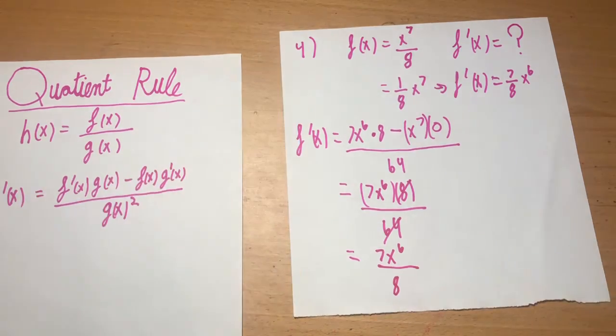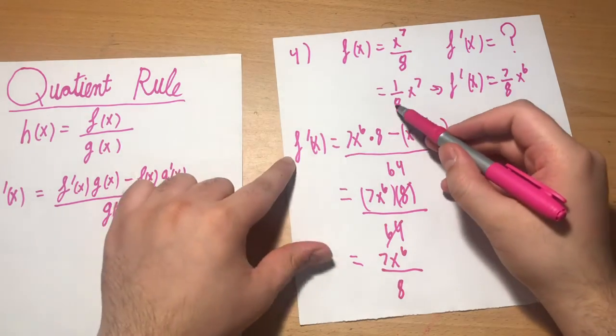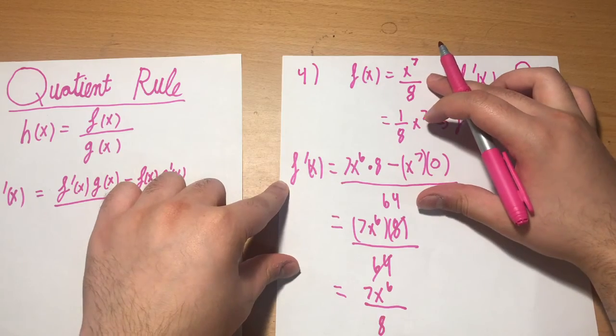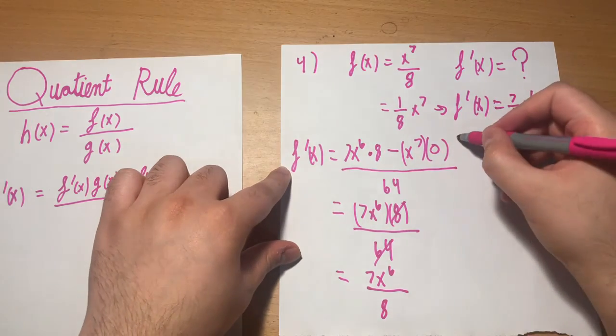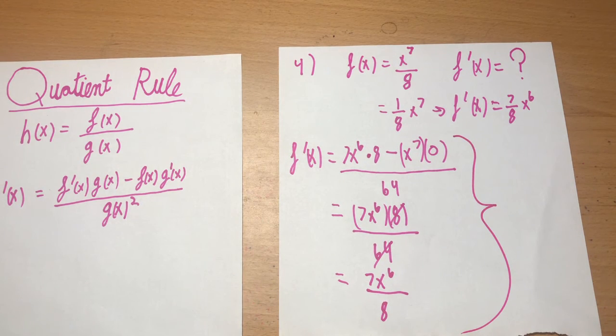Okay, so quotient rule still works, right? You have two methods of doing this, but one is clearly easier than the other, right? And I used a very simple function. You could get something more complex where using quotient rule would take you a very long time.